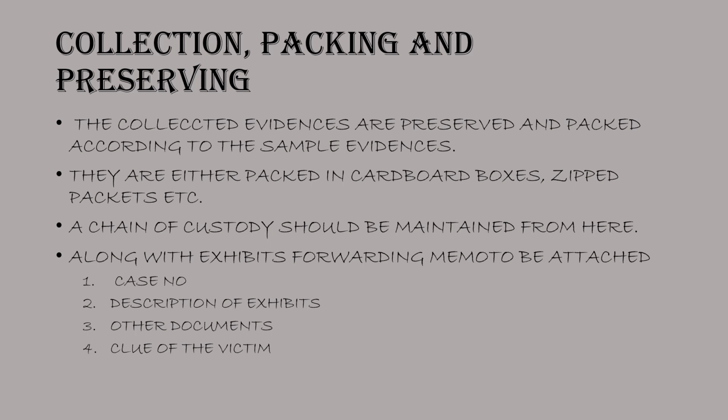A chain of custody should be maintained from the collection of the evidences, through the packing, and then sending it to the laboratory. With the exhibits, a forwarding memo should be attached, which should contain the case number, description of all the exhibits that are present, other documents, and also the clue of the victim, along with the name of the officer who has collected the samples.